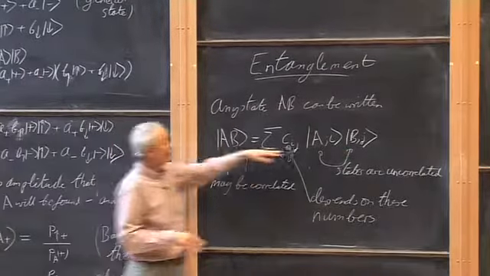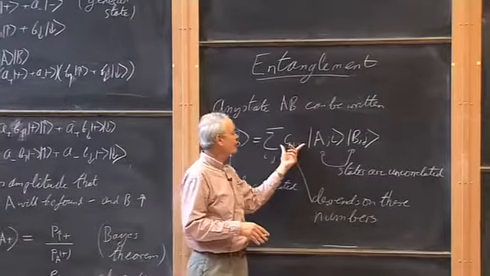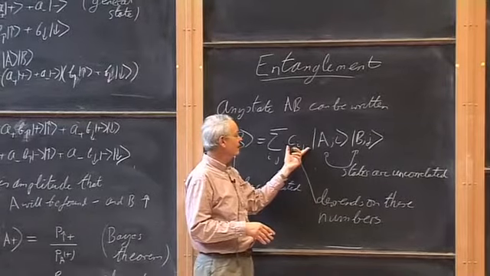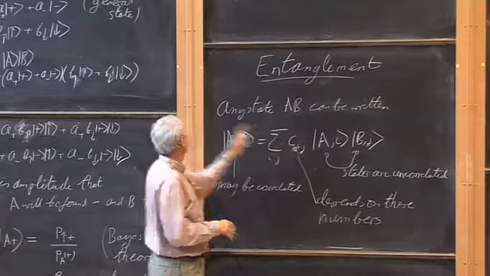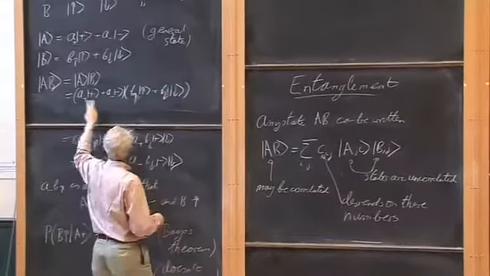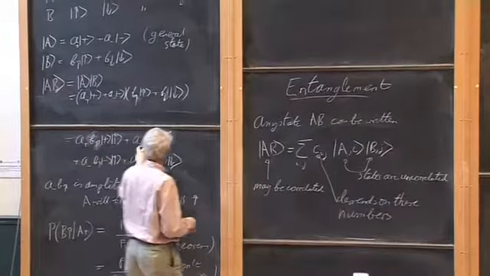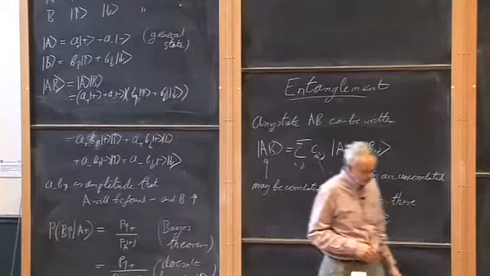It has to be written in this form, and these numbers do not have the property that enables them to be expressed as products of individual amplitudes for the individual systems.